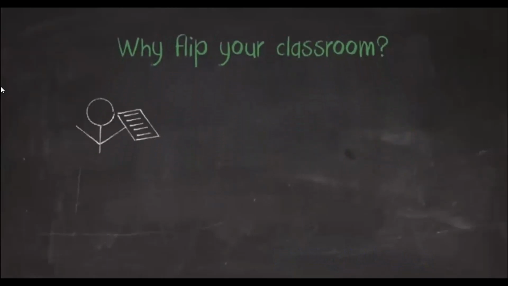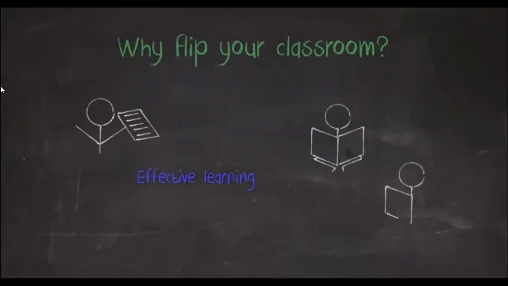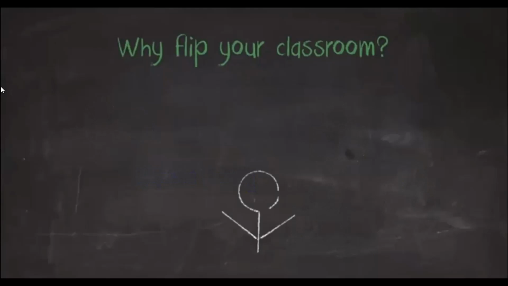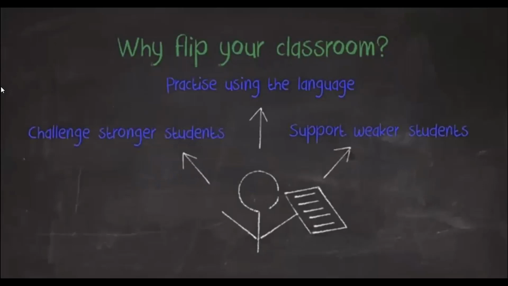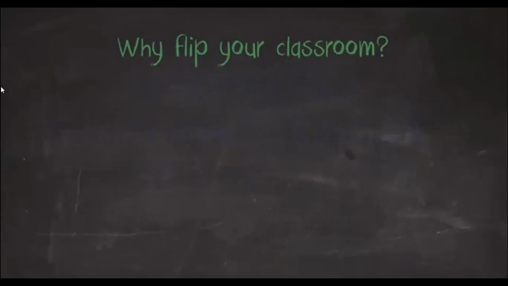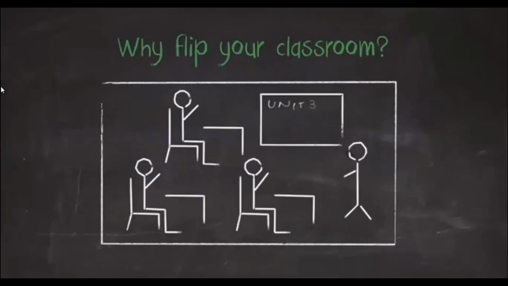Teachers who flip their classrooms say that it results in more effective learning and a more student-centred environment. Students have someone to ask for help when they practice using the language. The teacher has more opportunity to support weaker students and challenge stronger students with more difficult tasks or extra tasks. This means that everyone is engaged.